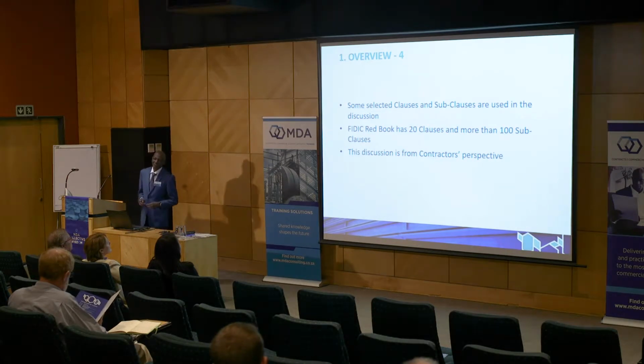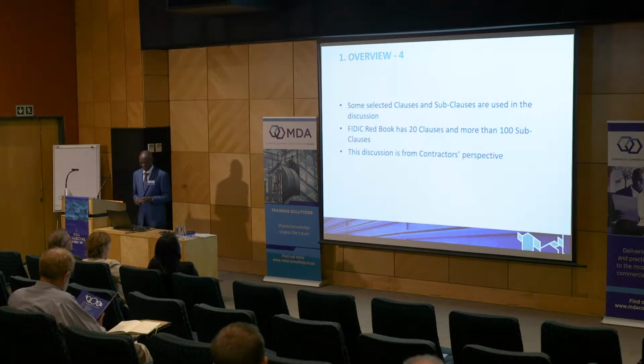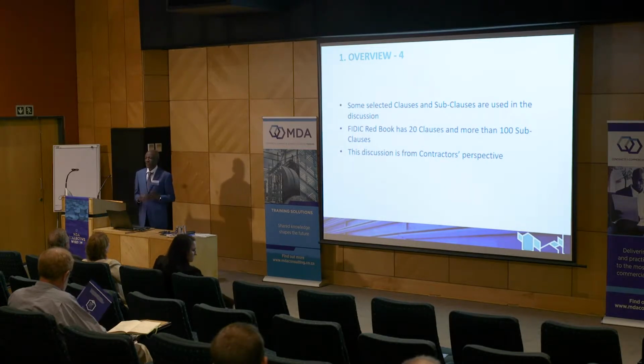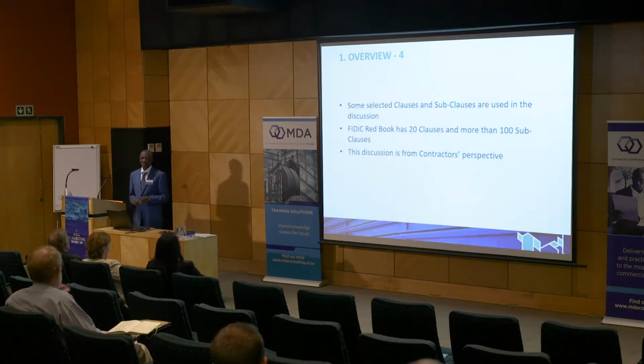I've selected some clauses and sub-clauses for this discussion. The current FIDIC has 20 clauses and more than 100 sub-clauses, so you understand that within the span of 1 hour there's no way we can cover everything. I work for a contractor, so my discussion is based on the contractor's perspective.